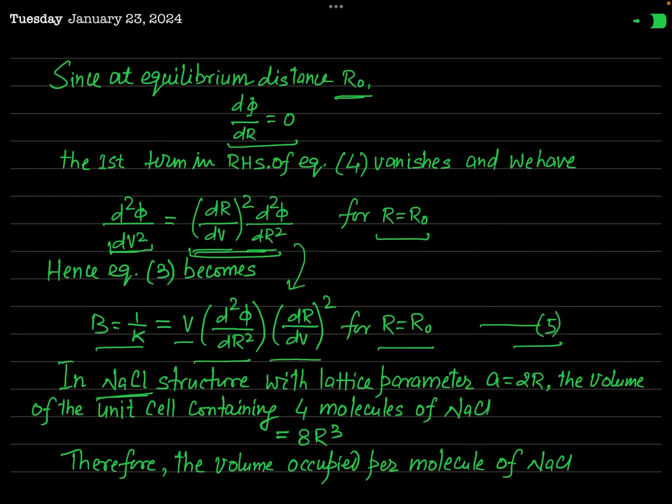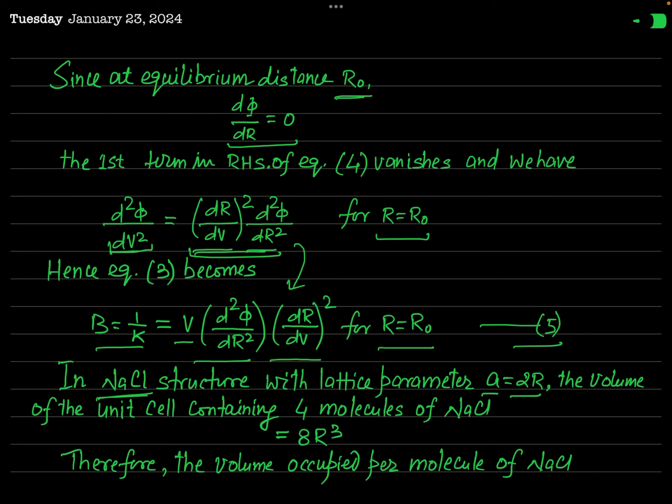You have studied earlier, in the study of crystal structure, which I have provided in my playlist in great detail, that in the NaCl structure, the lattice parameter A is equal to 2R. You can remember it. We have already studied these things in our previous lectures on crystal structure.